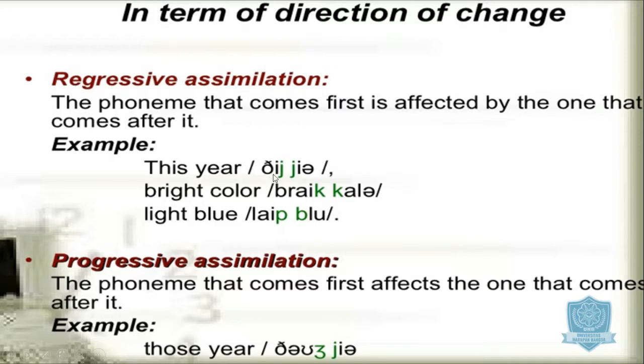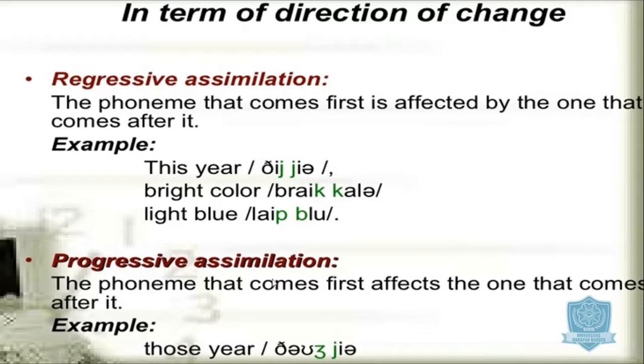There is assimilation here. Bright should be ended by T, but when having the assimilation, it changes into K, affected by this one, bright color, and then light blue. We are going to learn about this change.